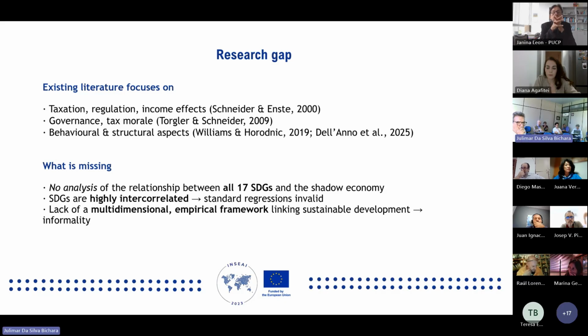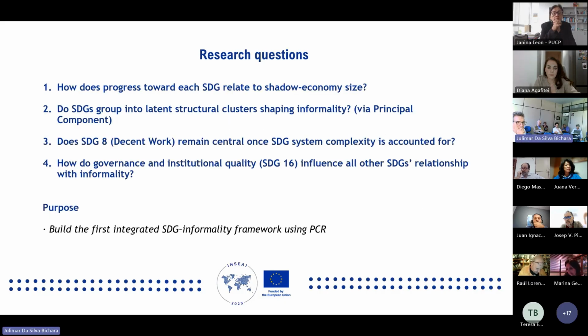This is what we tried to address with our research questions. We have 4 research questions. The first one: how does progress toward each SDG relate to the shadow economy? Then, do the SDGs group into latent structural clusters shaping informality? This question was addressed using principal components.